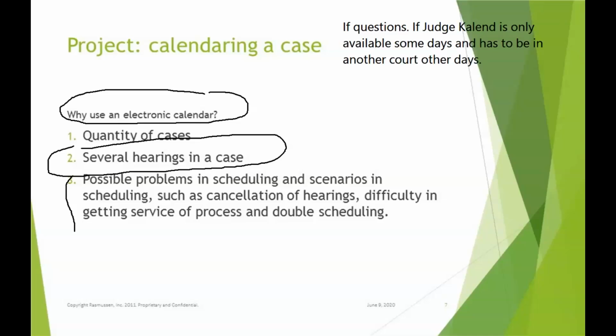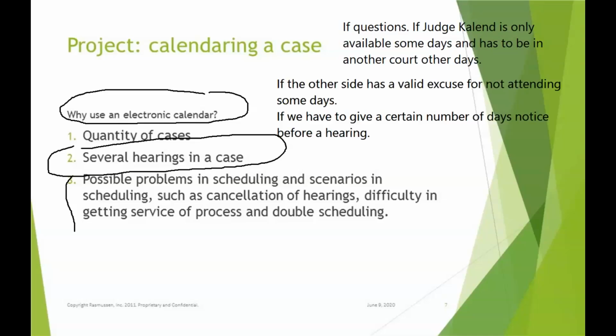If we have to give a certain number of days notice, and that is important. So what if we have to worry about when the judge is available? If the other side has valid excuse, we have to give a certain number of days notice.